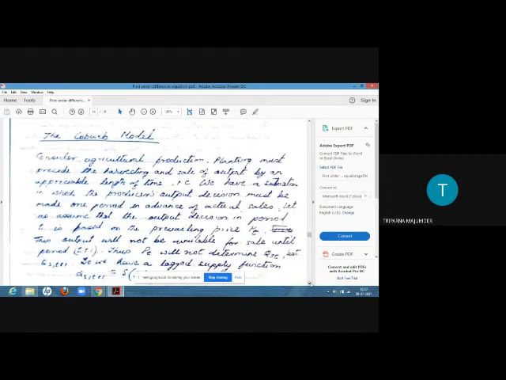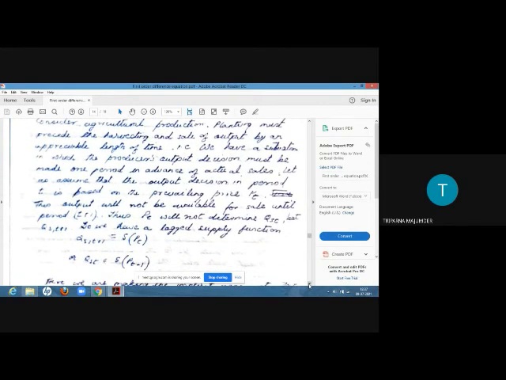Let us assume that the output decision in period t is based on the prevailing price Pt. This output will not be available for sale till period t plus 1. Thus, Pt will not determine the supply Qst, but Qs,t+1.